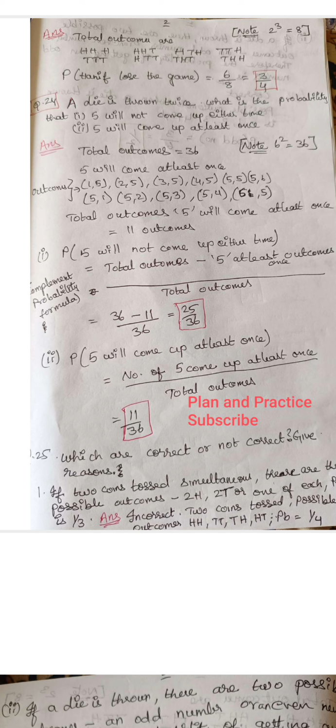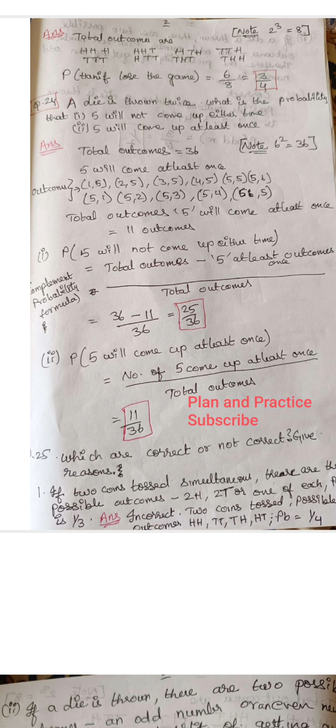At least once 5 will come, that is 11 outcomes. If you take those out, then 5 will not come at all. So 36 minus 11 by 36 is equal to 25 by 36. The probability that 5 will not come up either time is 25 by 36.